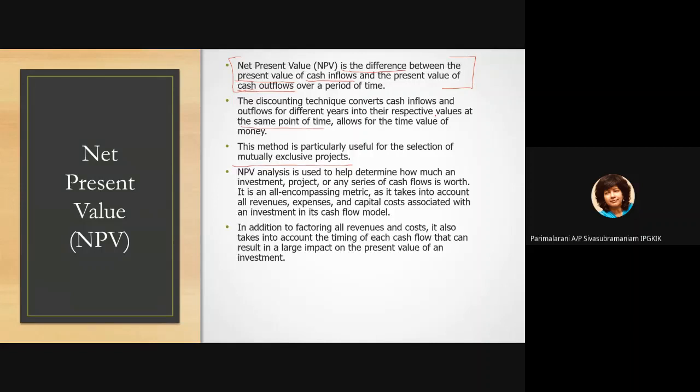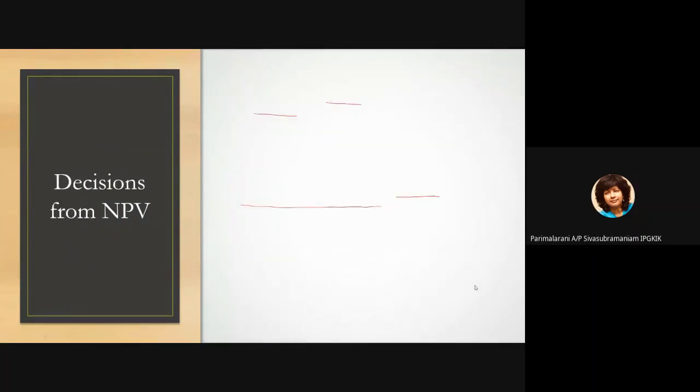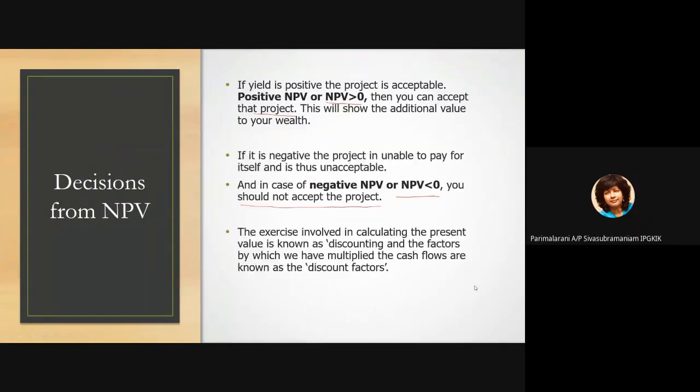That means all the cash inflows, you collect them all together and minus the cash outflows. That is the net present value. Okay, later we will see how to calculate.